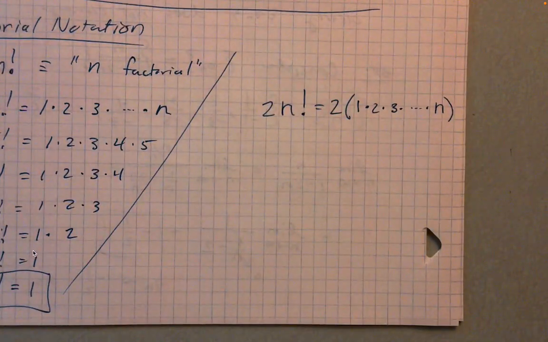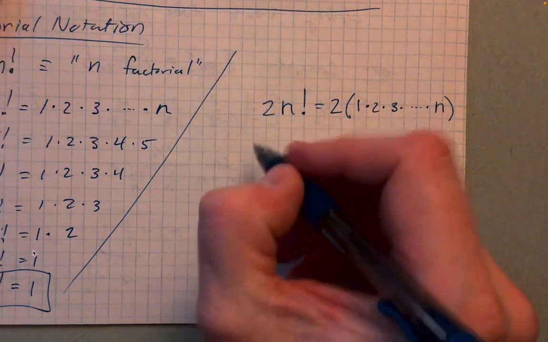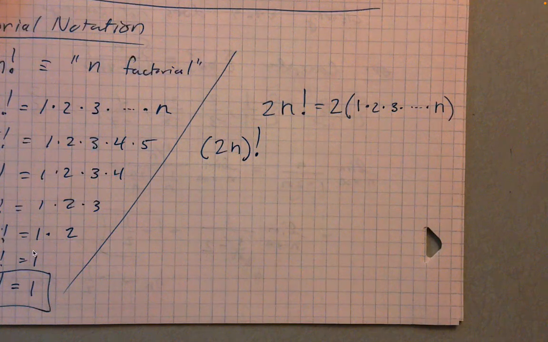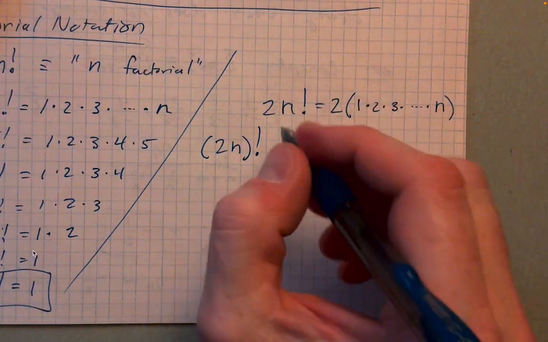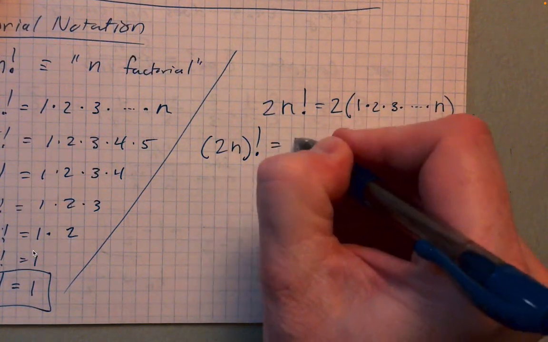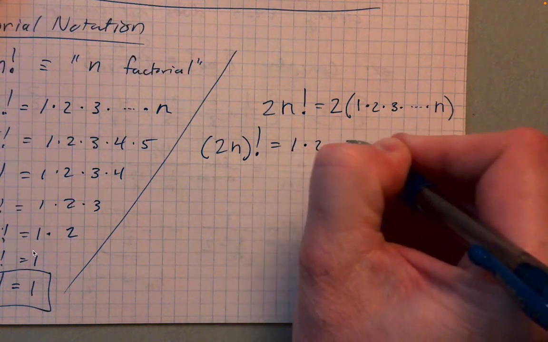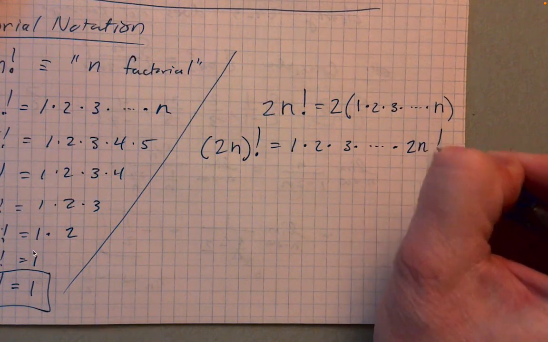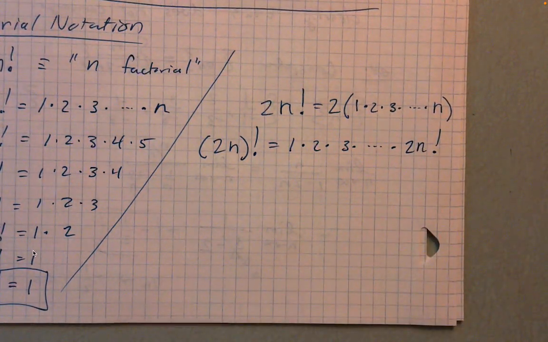What does it mean if I write it like this? That means something different. That means 1 times 2 times 3 times ... times 2n. So obviously totally different.